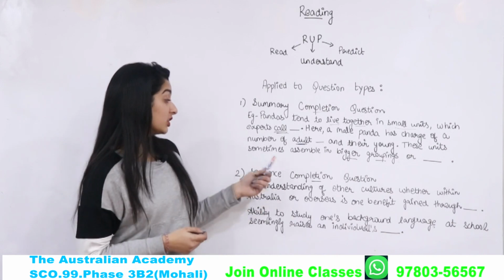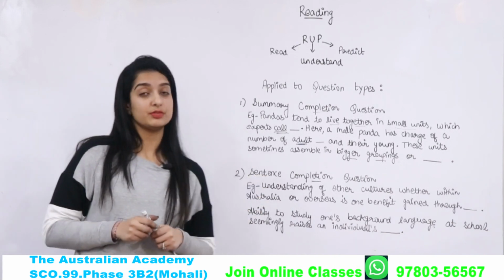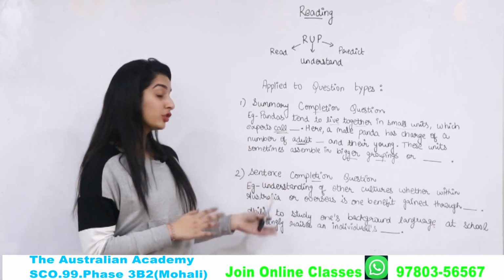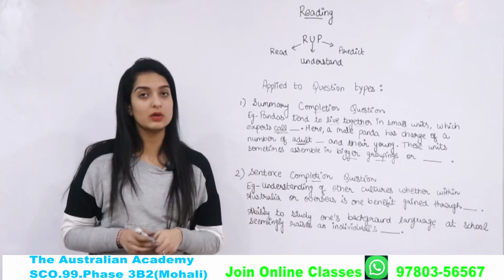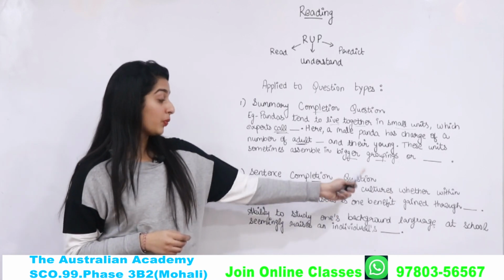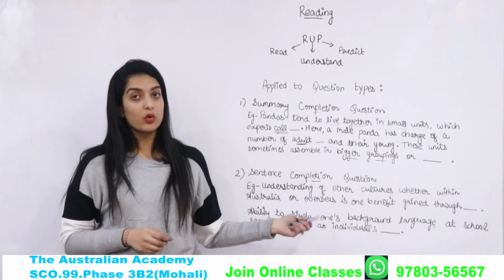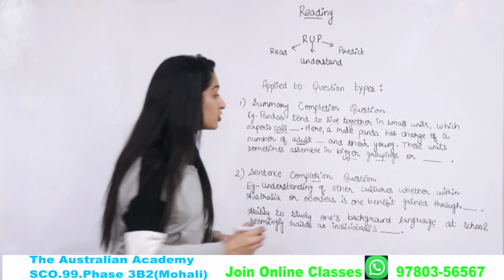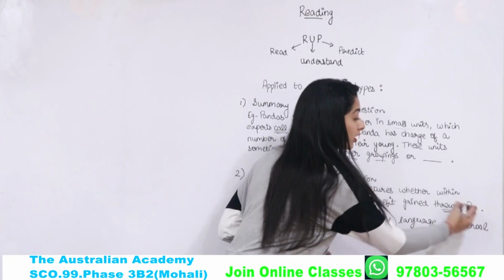The same RUP method will be used when you have sentences. This is sentence completion. Part of the sentence will be given, and the second part you will have to complete yourself. Understanding of other cultures, whether within Australia or overseas, is one benefit gained through dash. So it is gained through what?